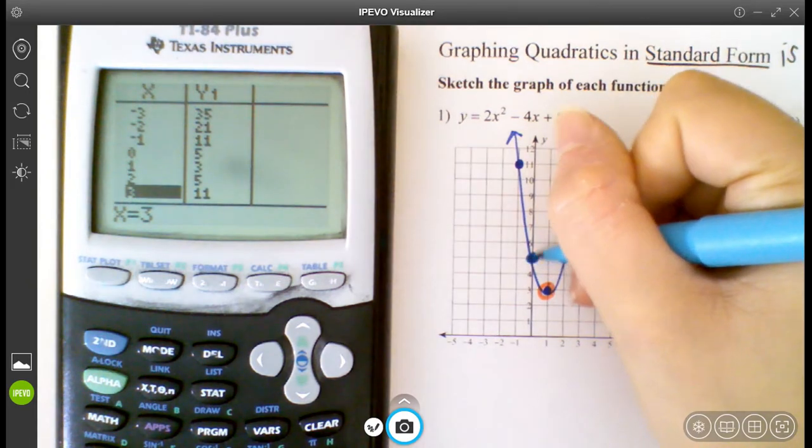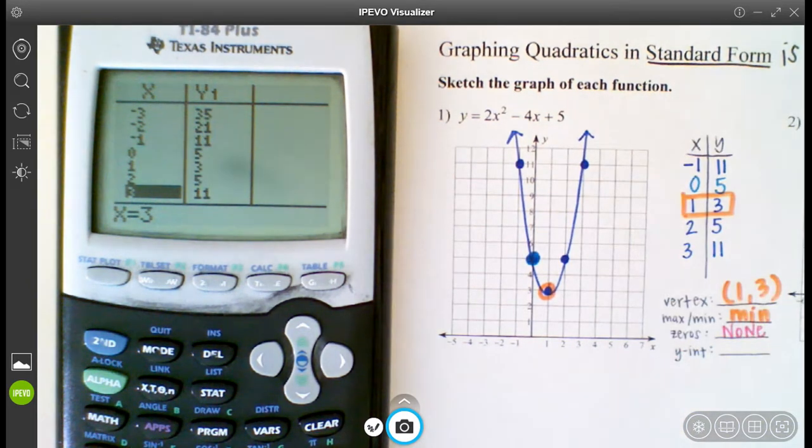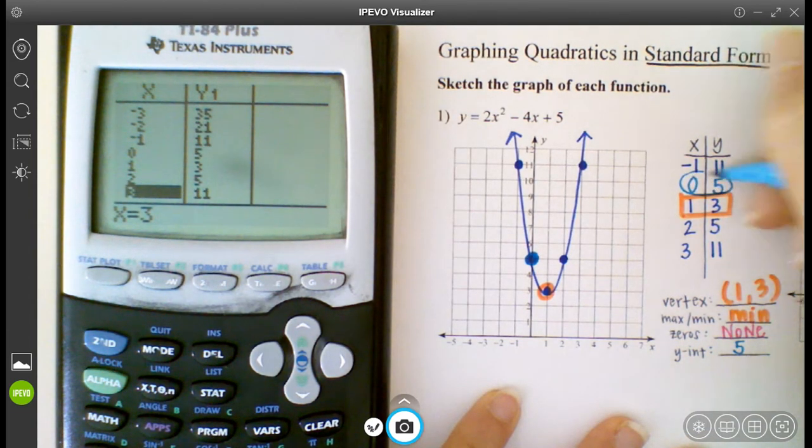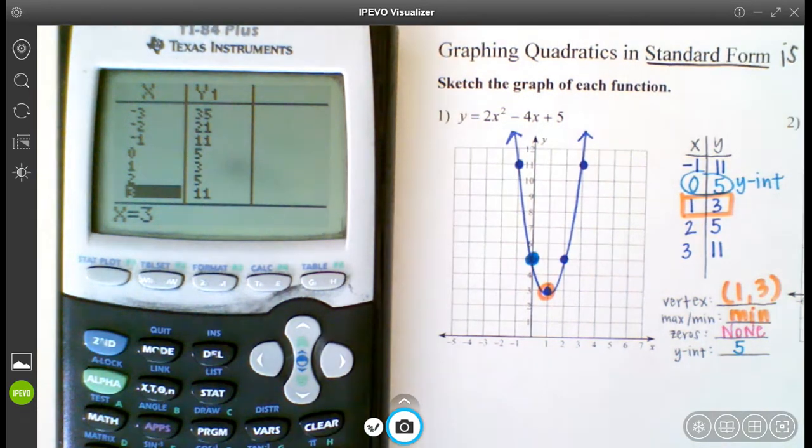And notice that I cross that y-axis up here at +5. And so that's kind of huge that this guy right here on our list, this is our y-intercept, where I touch the y-axis.